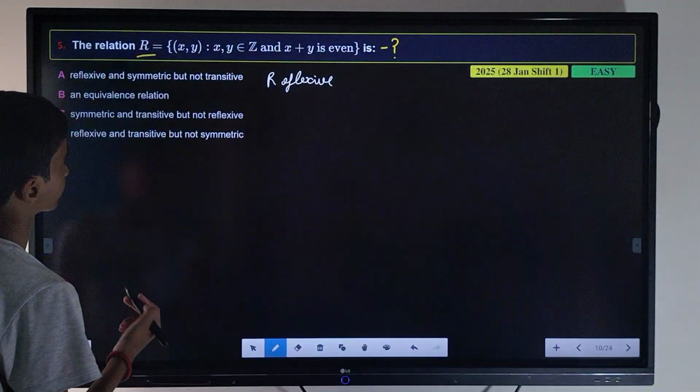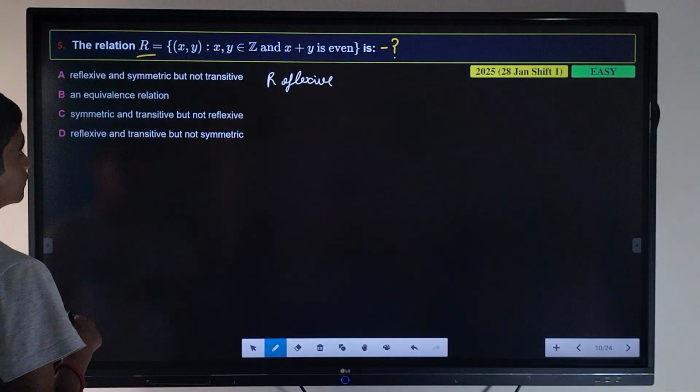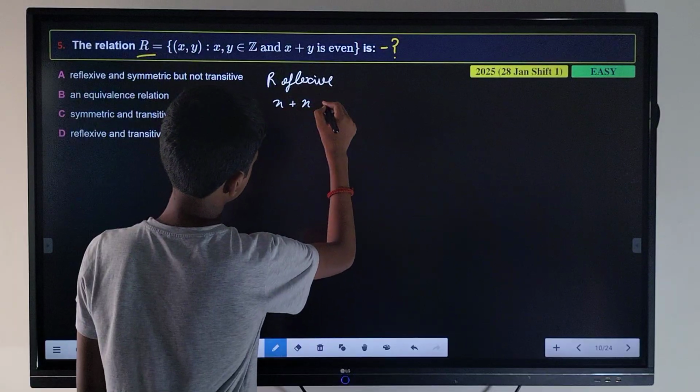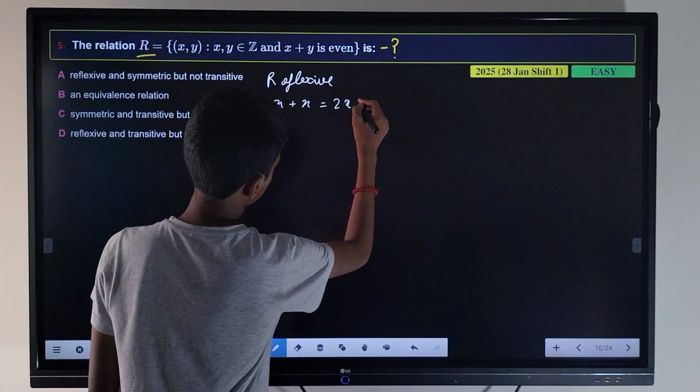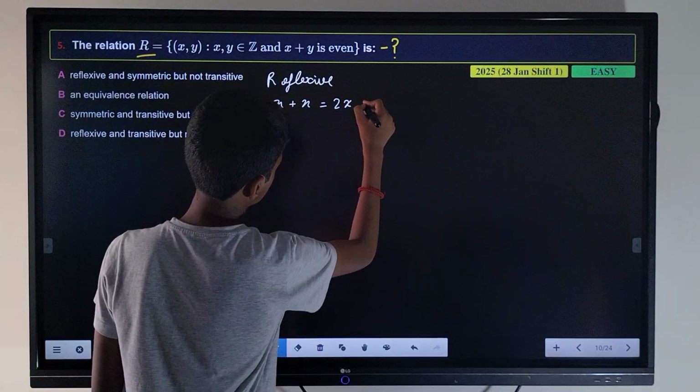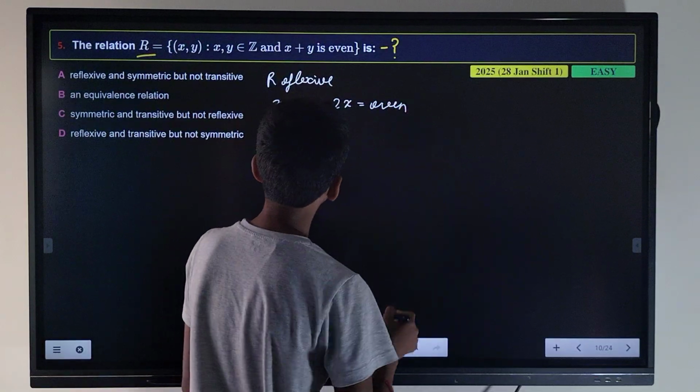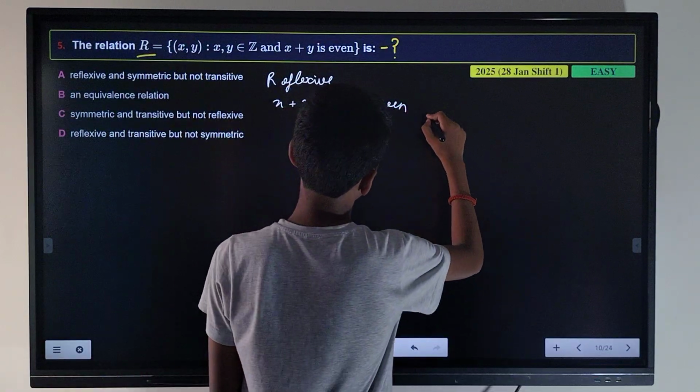Now x plus x is equal to 2x, and this is even. So from here our relation is reflexive.